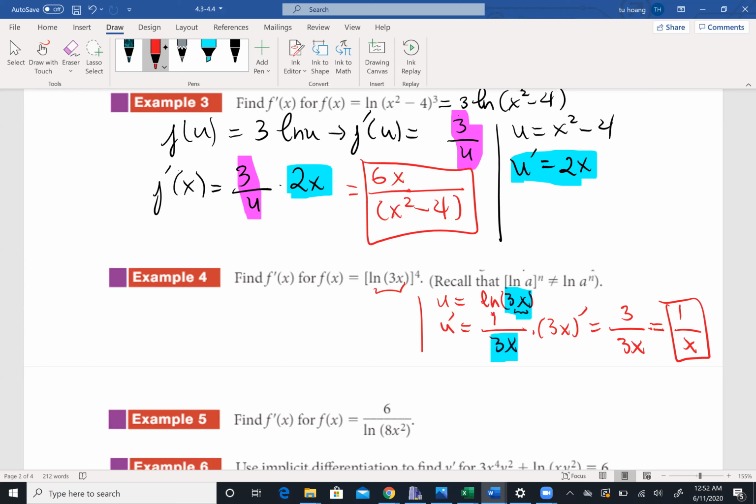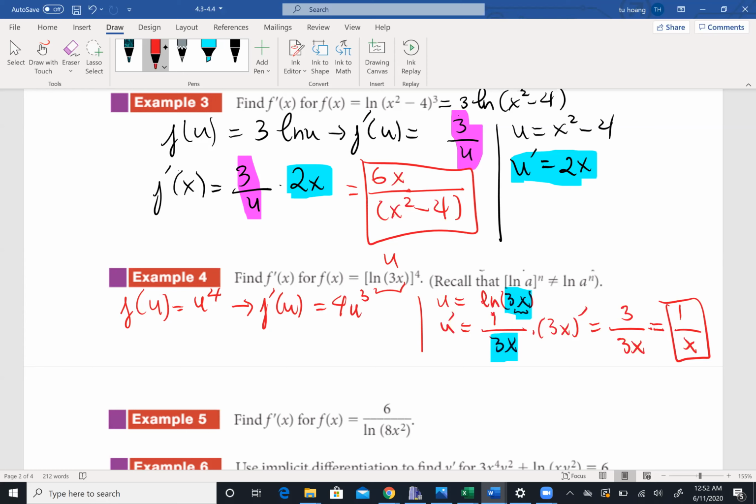Okay, now I will get f of u's derivative, what is that equal to? I know that f of u is u to the power 4. So the derivative will give you 4 times u to the power third, right?